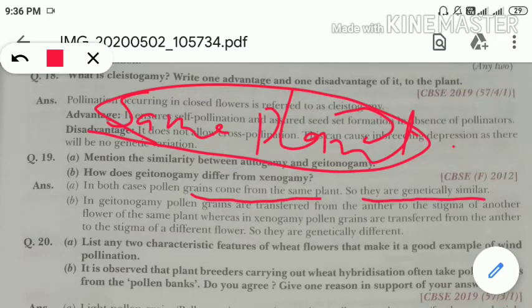After that, in geitonogamy, pollen grains are transferred from anther to stigma on another flower of the same plant. Whereas in xenogamy, pollen grains are transferred from a different plant.